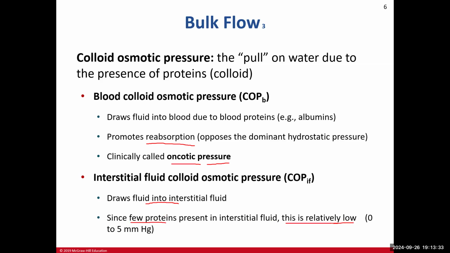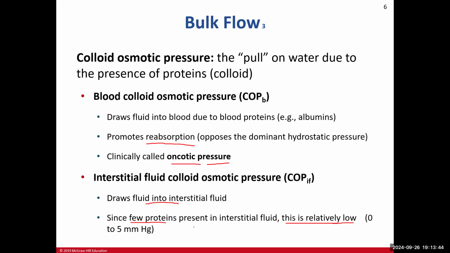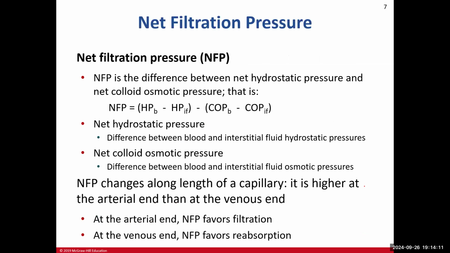Interstitial fluid hydrostatic pressure is close to 0, and interstitial fluid colloid osmotic pressure is anywhere from 0 to 5 millimeters of mercury. So there shouldn't be too much force out in the interstitial fluid. Most of the pressures are going to be relegated to the inside of the blood vessel, as it should be.